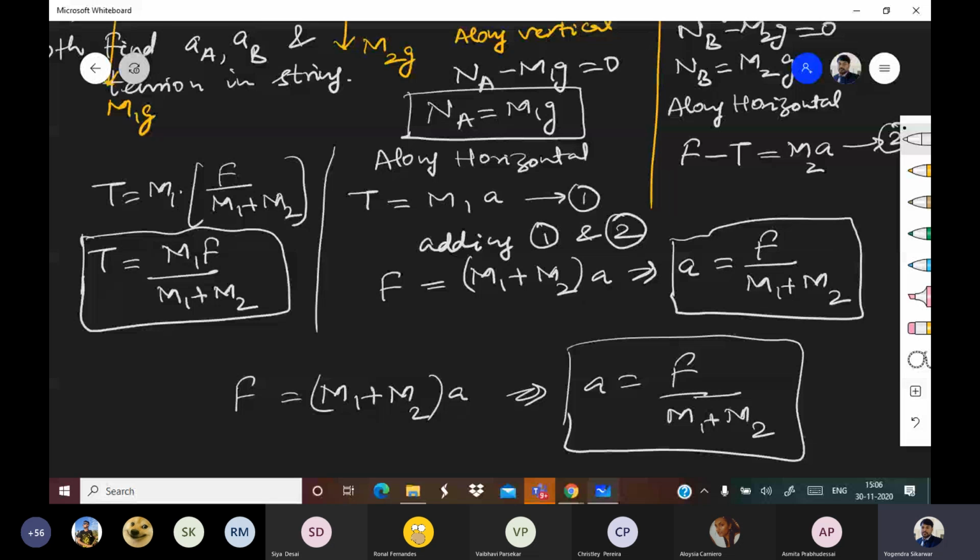And tension is not for the whole system. It is tension in the string, and the string is between M1 and M2. All right, Asmita?